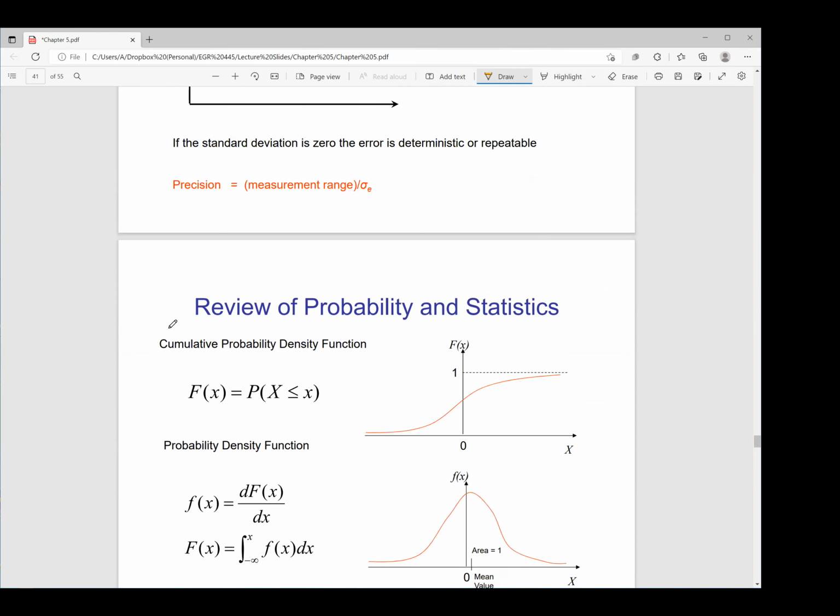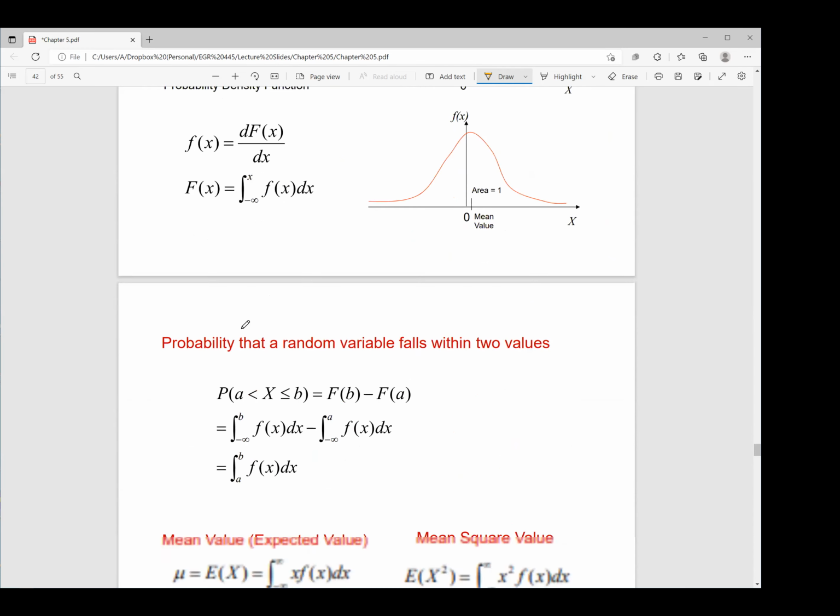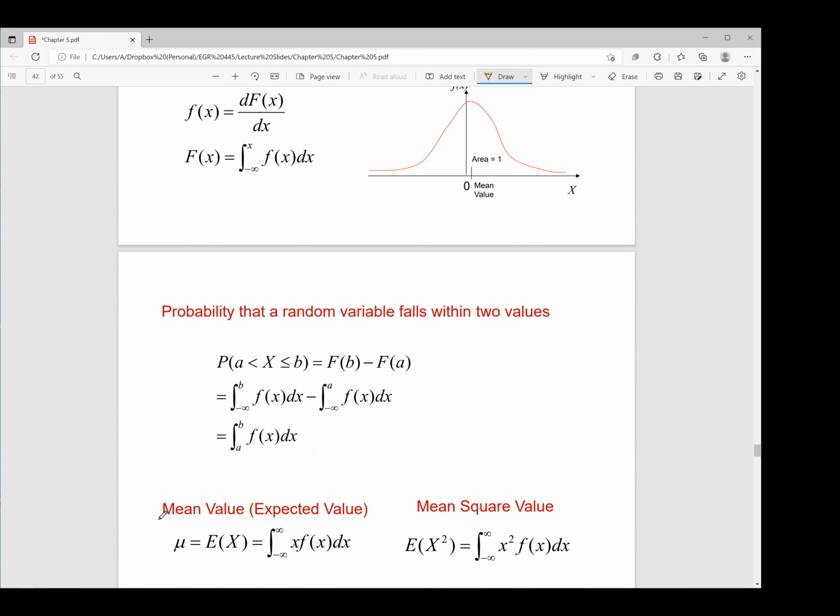And when you look at the probability, I will review this in next class, but there are two concepts that are very important. One is the density function, cumulative density function, and probability density function. Mean value is nothing but the average value or expected value when you have a discrete random variable. If you have a continuous random variable, we call it an expected value.